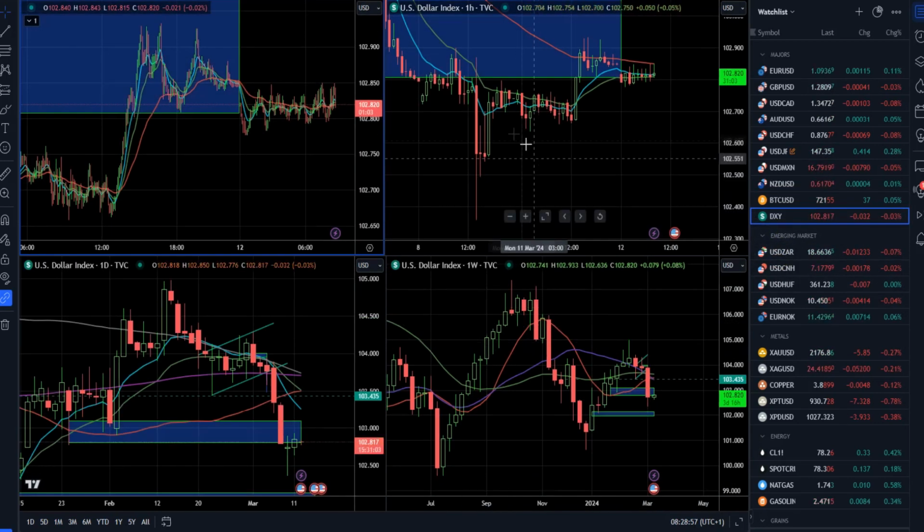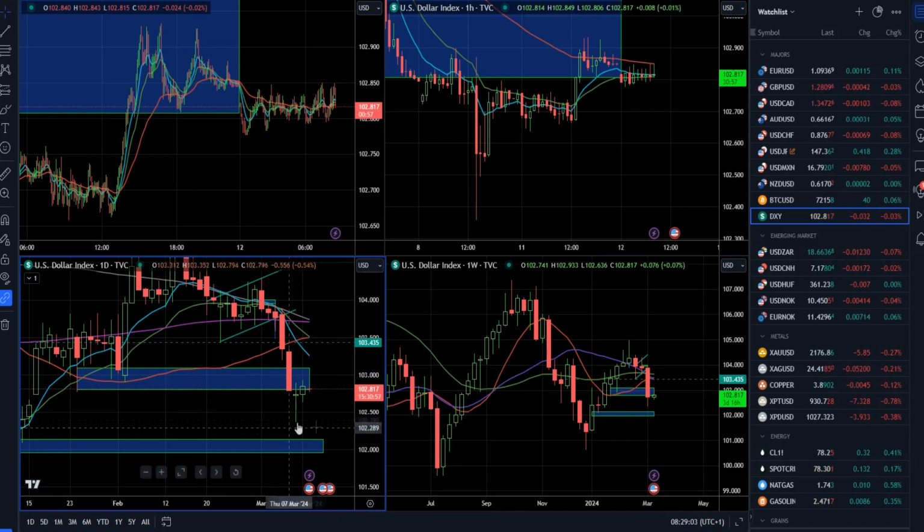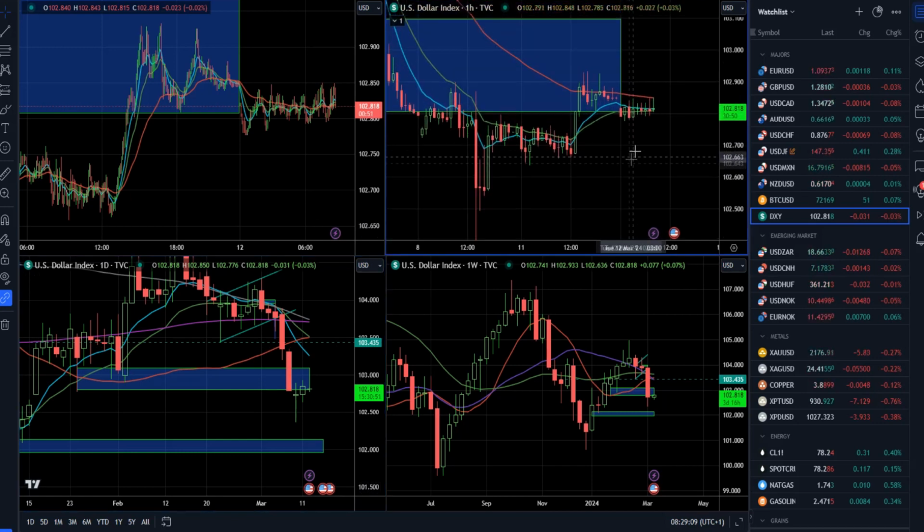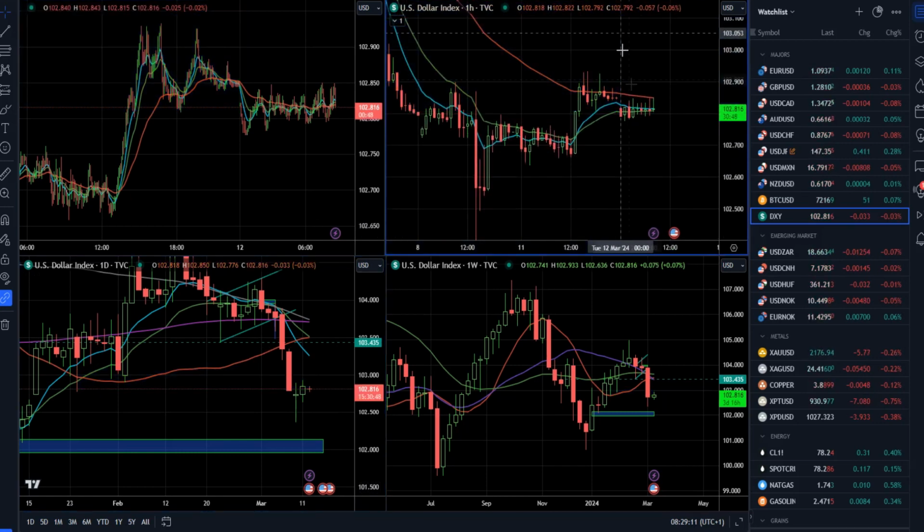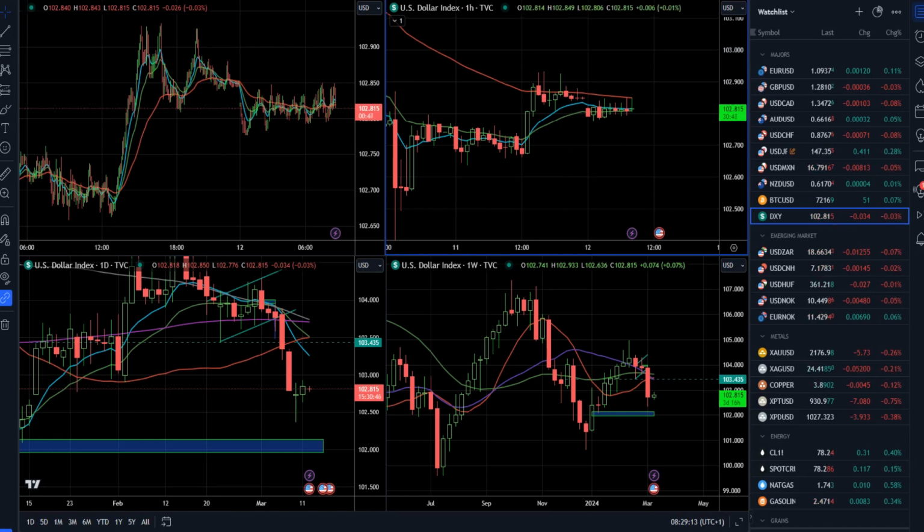Dollar index, we can see the market is pretty flat this morning, but we had a pin bar at this point 2 trading days ago. Let's take a look at the hourly time frame, which is the top right.